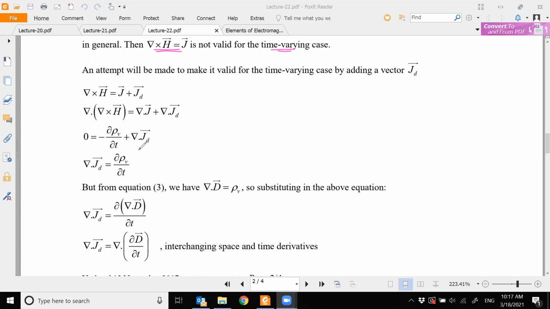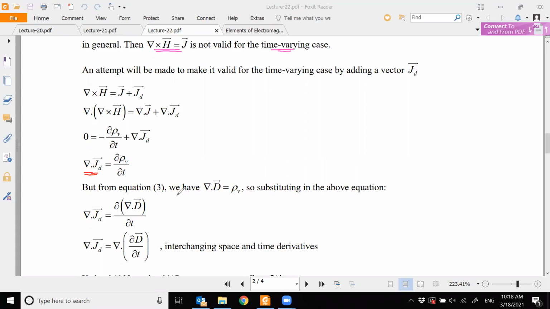So if my rho v is time varying, then dou rho v over dou t is not 0, and in fact it becomes del dot our introduced current density vector JD bar.